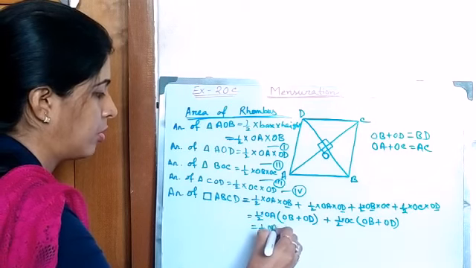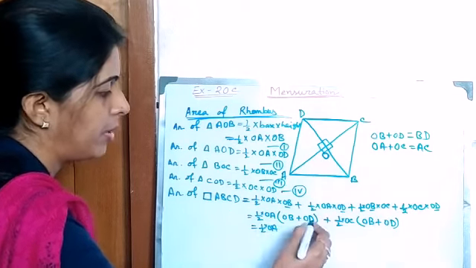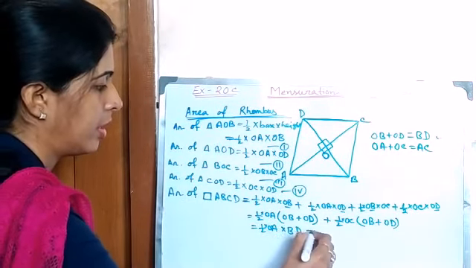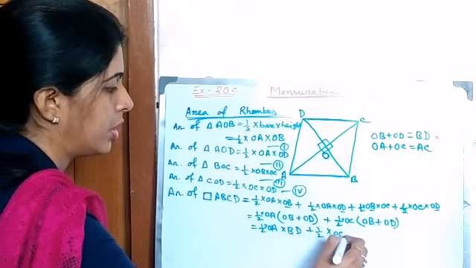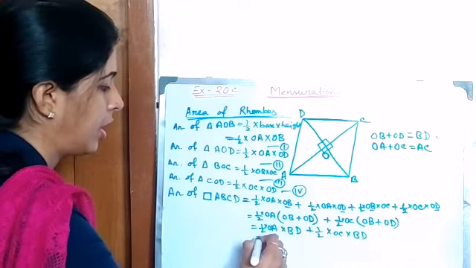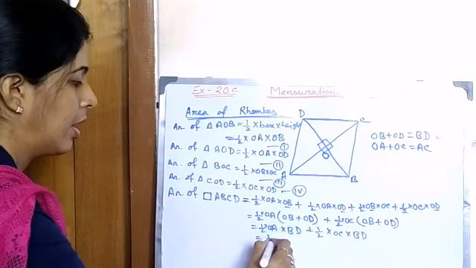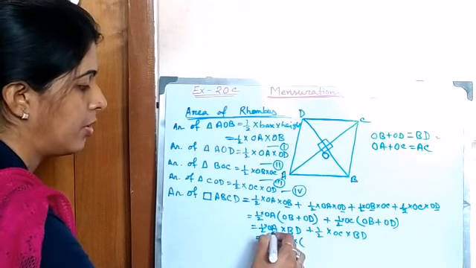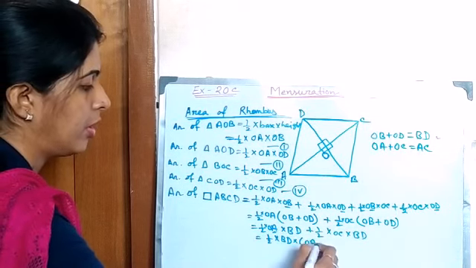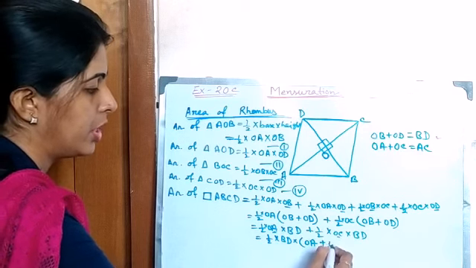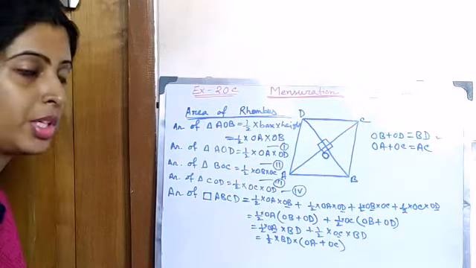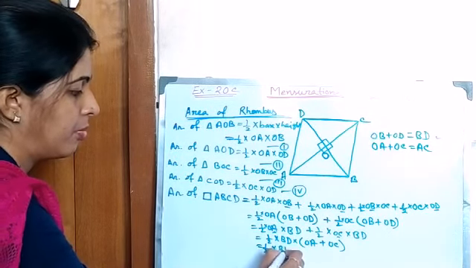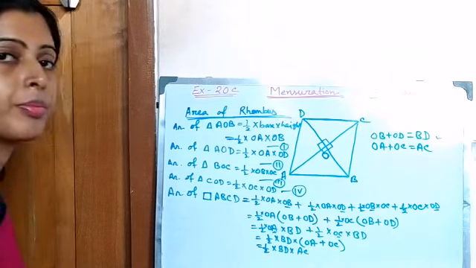Half into OA, OB plus OD means BD, so into BD. Here also half into OC into BD. Now I take half into BD common. From here OA is left, plus from here OC is left. OA plus OC means AC. So half into BD into AC.